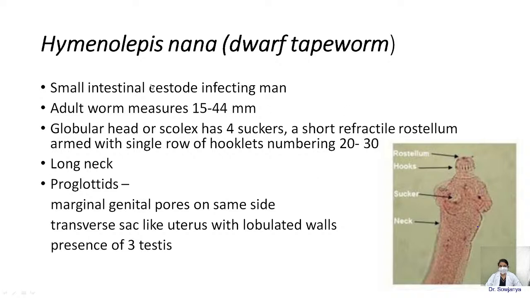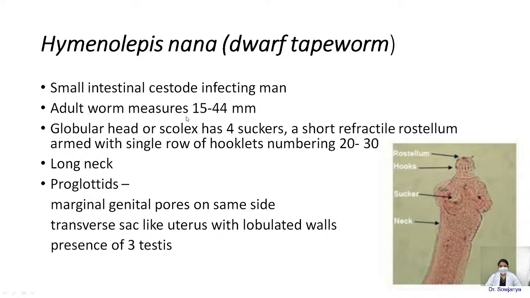Now coming to Hymenolepis nana, H. nana, which is also called dwarf tapeworm. This tapeworm infects the small intestine. Its habitat is the small intestine of man, and it has head, neck, and body. As I said, the neck is very long in Hymenolepis nana.